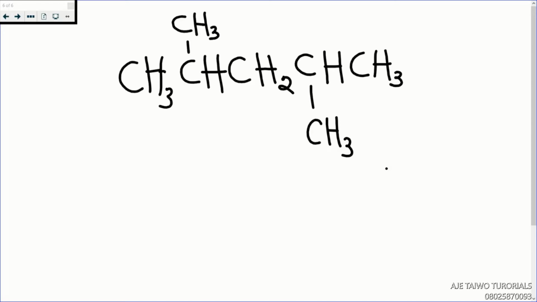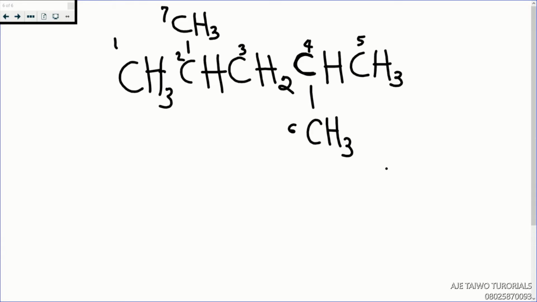Now tell me, does this molecule have a chiral center carbon atom? Let's label all the carbon atoms: 1, 2, 3, 4, 5, 6, and 7. So we have 7 carbon atoms on the board. Which of these carbon atoms can be a chiral center?